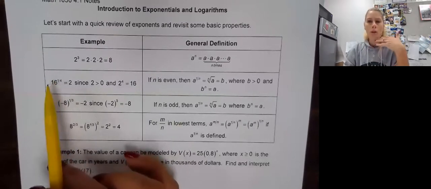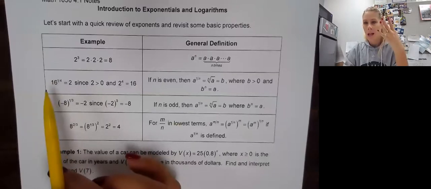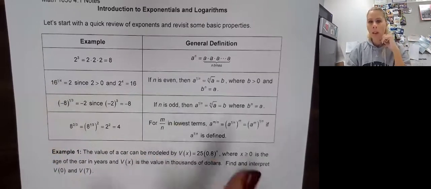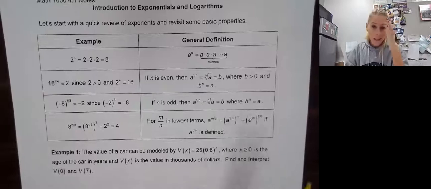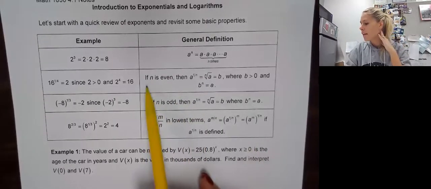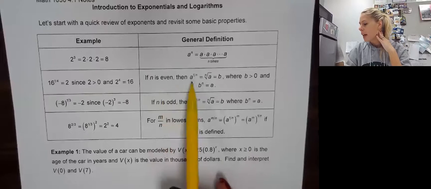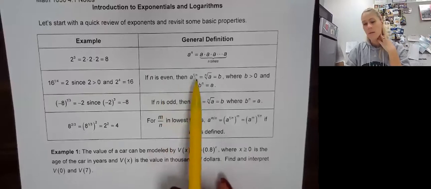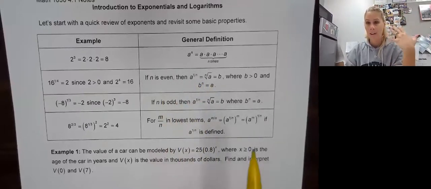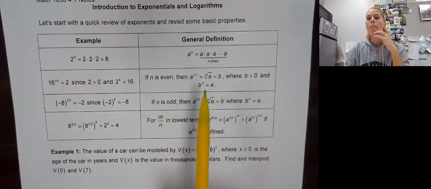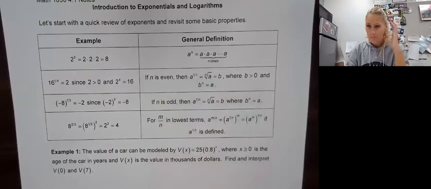So what do you multiply by itself 4 times to get you 16? Okay, so going backwards. The idea right here, though, is if n is even, then a to the 1/n, the root, right, an even root, b to the n is a, okay?